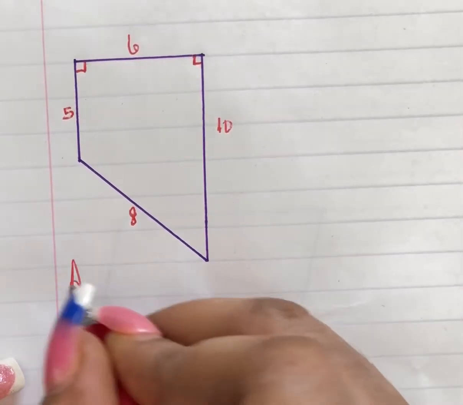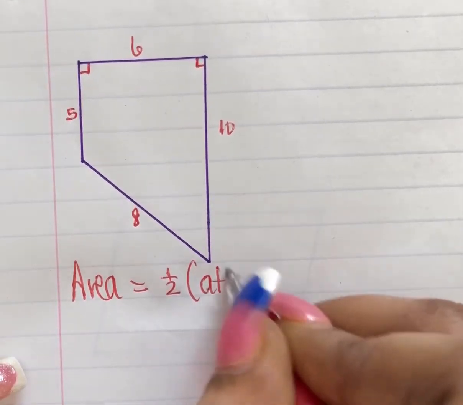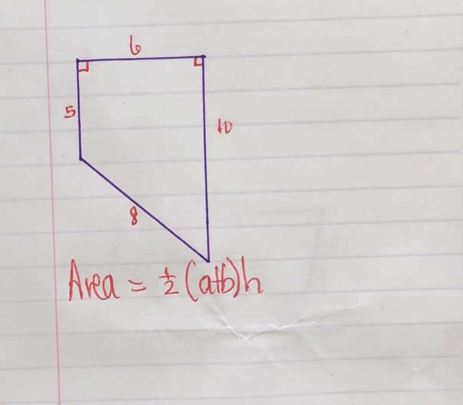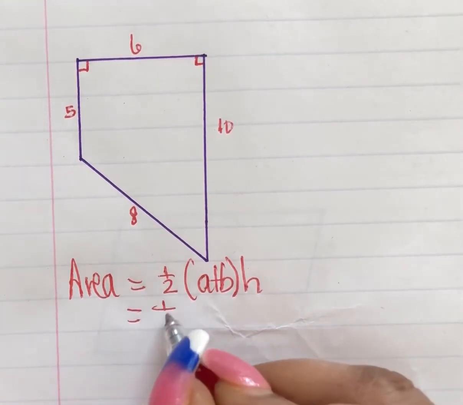So the area of this shape is half A plus B multiplied by the height. I am now going to substitute.